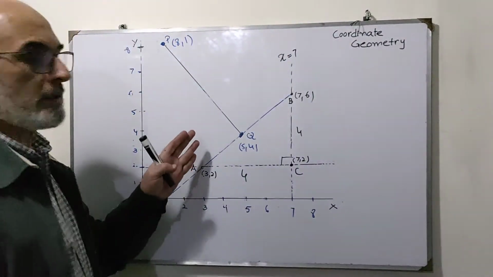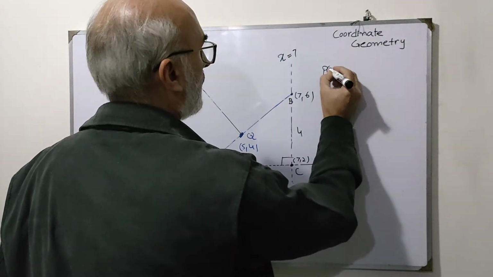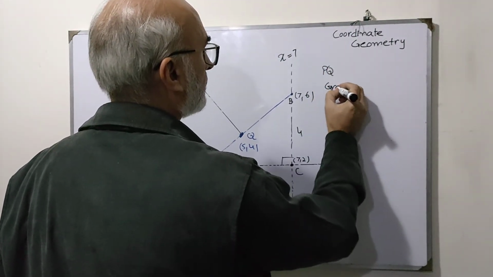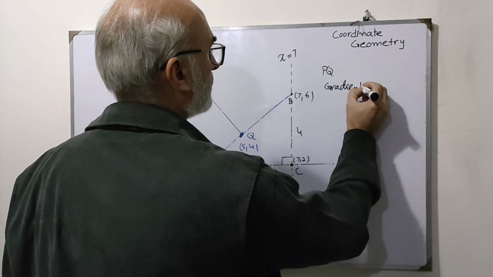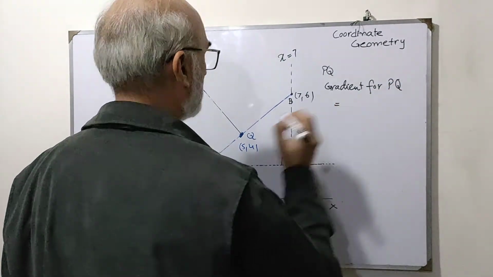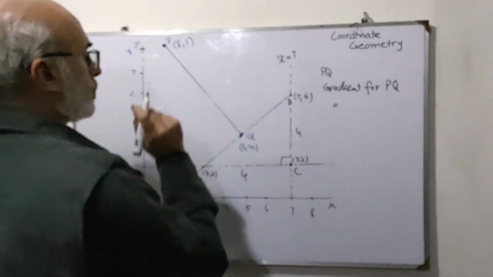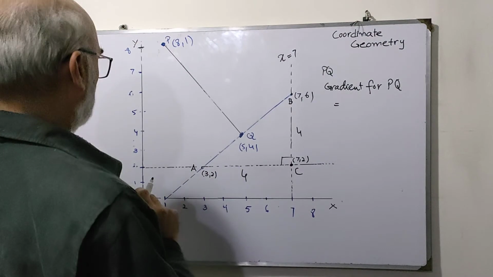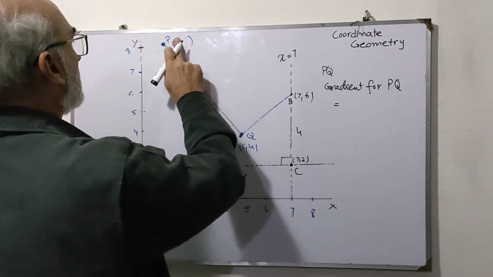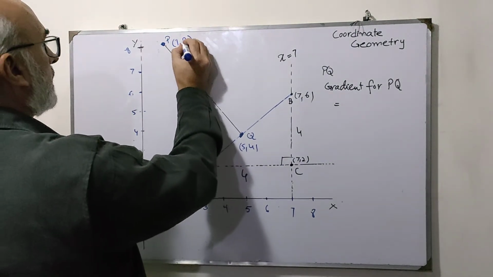Okay, we have another line PQ, and the gradient for PQ equals y2 minus y1, sorry, mistake, it's 1 and 8, okay.